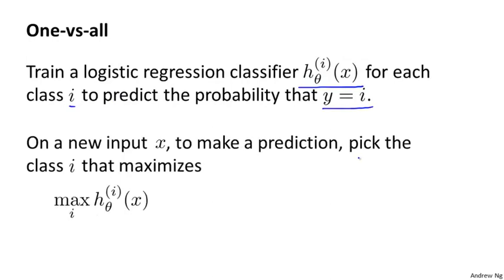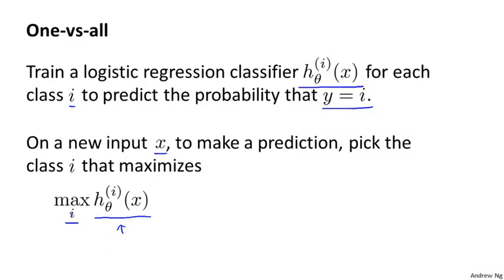Finally, to make a prediction, when we're given a new input x and we want to make a prediction, what we do is we just run all 3 of our classifiers on the input x, and we then pick the class i that maximizes the 3. So we just basically pick whichever one of the 3 classifiers is most confident or most enthusiastically says that it thinks it has the right class.